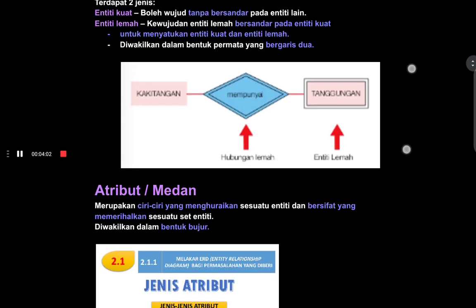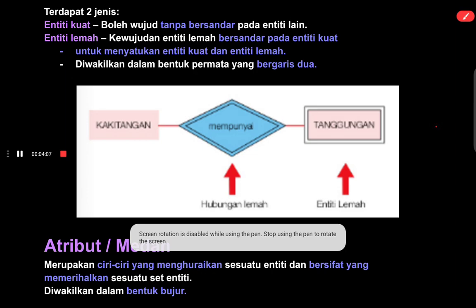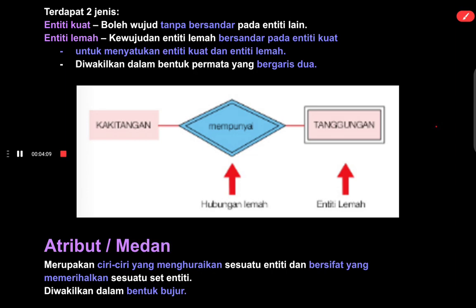I think you saw this before. You can see from here, it's the model asas. Why? Because it's very simple. It only touches the main point, and that's it. So, kaki tangan mempunyai tanggungan. It's a very basic thing you want to tell in the model. This is the asas, so the name is model asas.